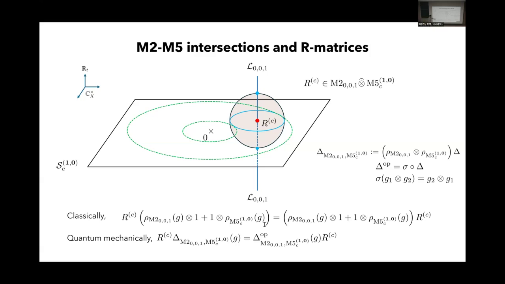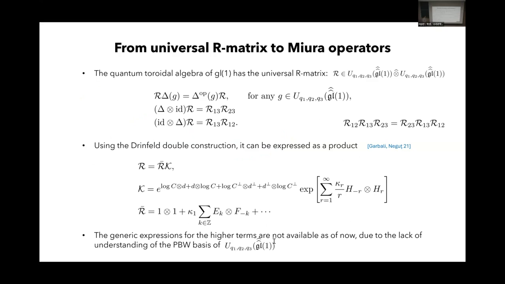So the second equation says R delta equals delta op, where delta op is the opposite coproduct. Now the point is that this is how mathematicians sometimes define the R matrix. So mathematicians have the universal R matrix for the quantum toroidal algebra.